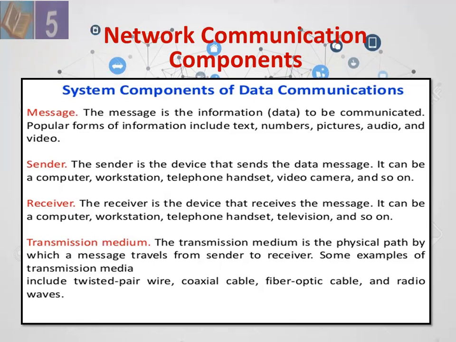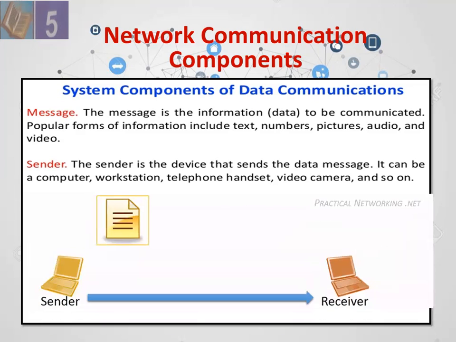Receiver is the device that receives the message. It can be a computer, workstation, telephone handset, television, and so on. Transmission medium: the transmission medium is the physical path by which a message travels from sender to receiver. Some examples of transmission media include twisted pair wire, coaxial cable, fiber optic cable, and radio waves. So these are the components of data communication.